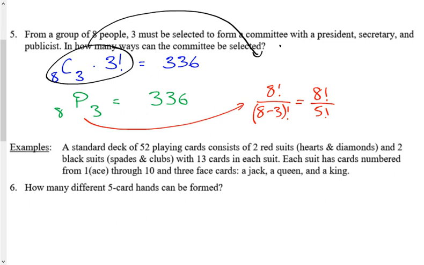The 8c3 would be 8 factorial over 8 minus 3 factorial times 3 factorial. But then we multiplied it by 3 factorial. So the end result was that those canceled out, and we got the same result in the end.